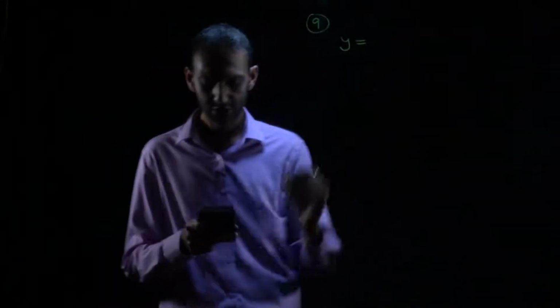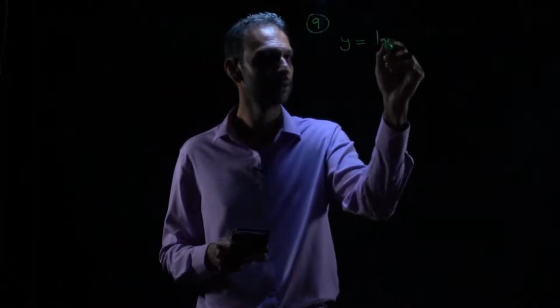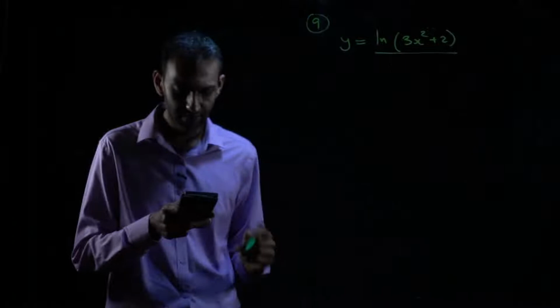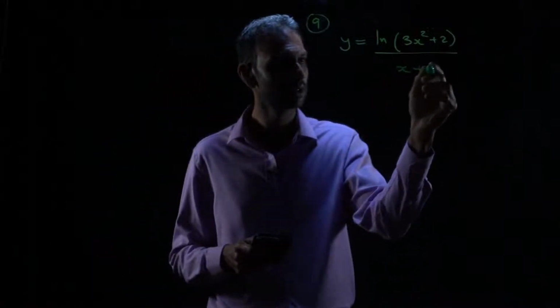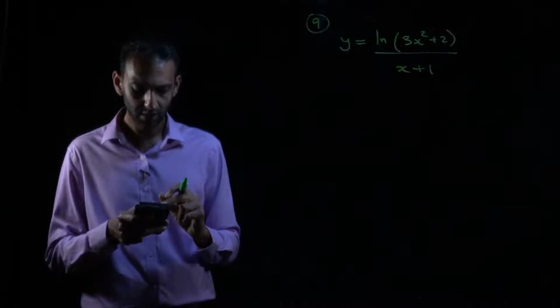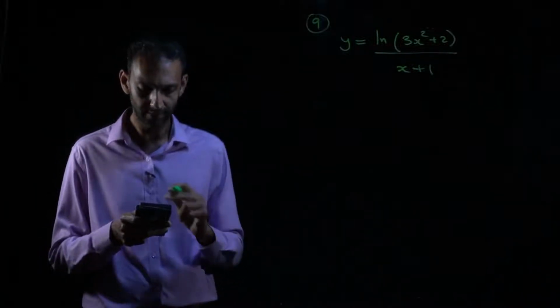Y is equal to ln of 3x squared plus 2 divided by x plus 1.